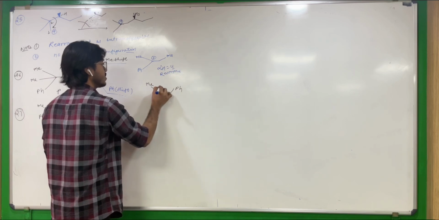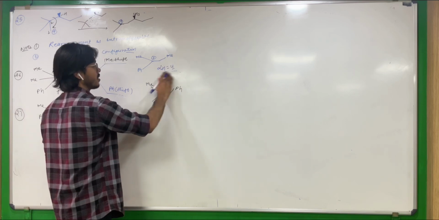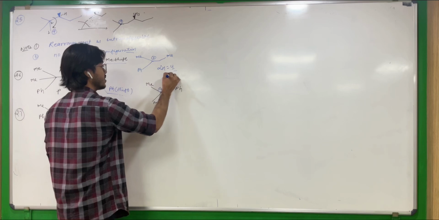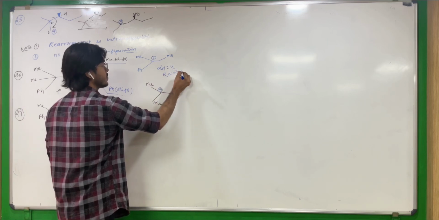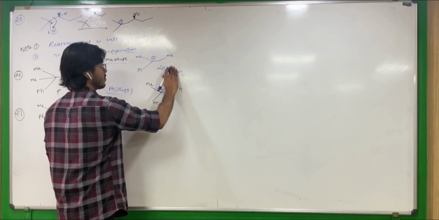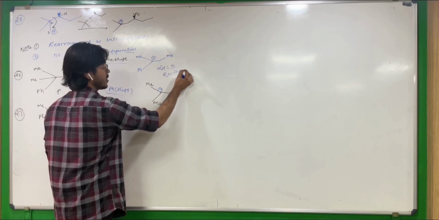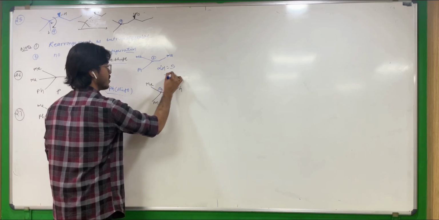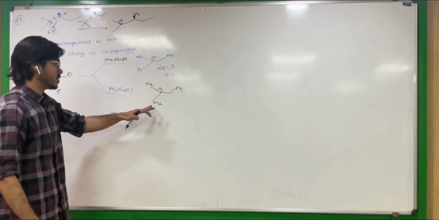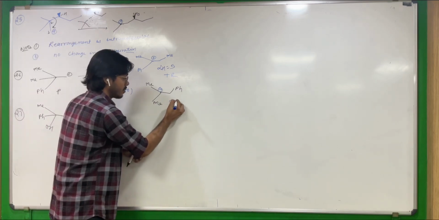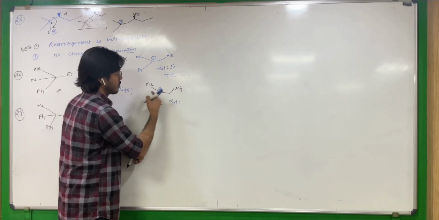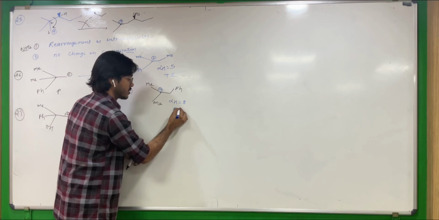This carbocation has 4 alpha hydrogens, and it's also resonance stabilized. Sorry, 5 alpha hydrogens are present and resonance plus R effect is also there due to this phenyl group. Now we see in this case alpha hydrogens equal to 8, but there is no resonance.